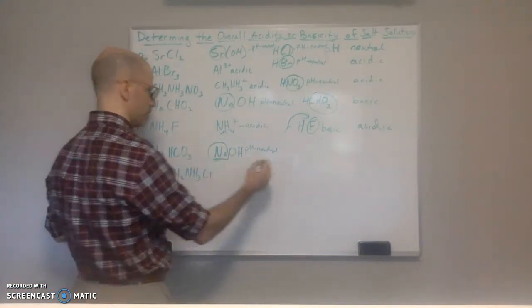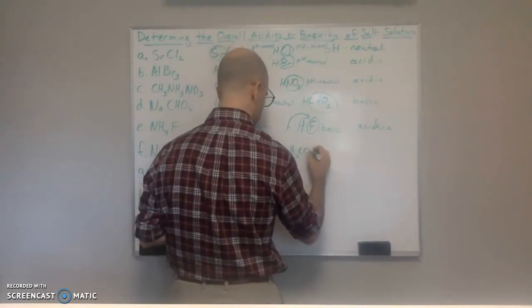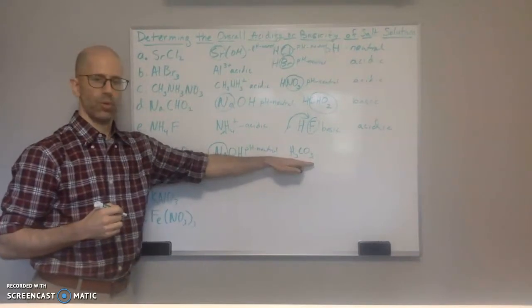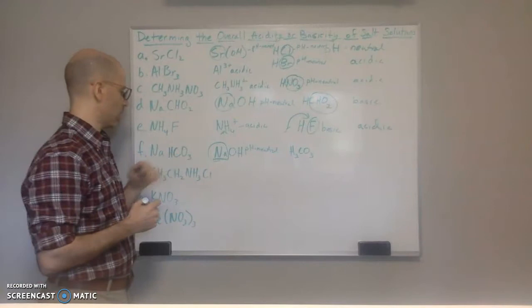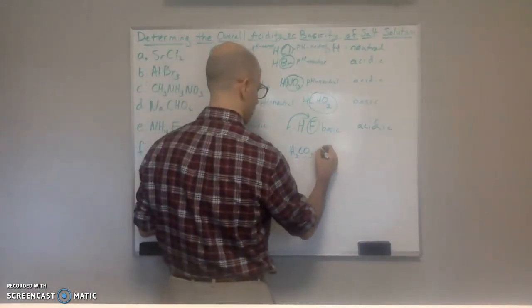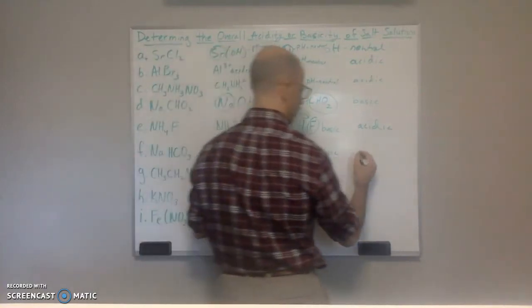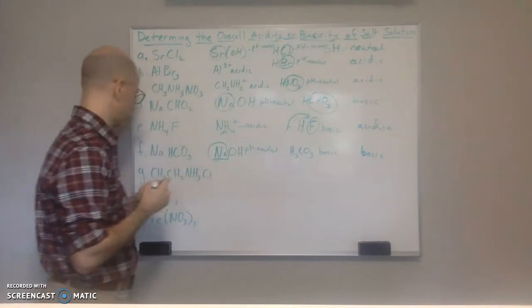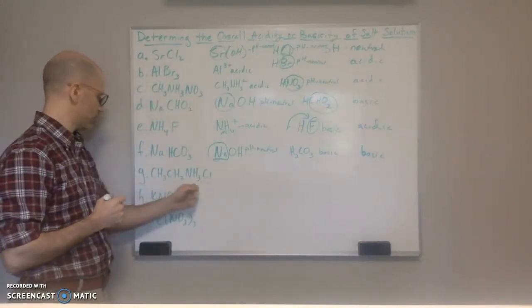This here comes from carbonic acid, H2CO3. Carbonic acid is a weak acid, so that means that the anion is going to be basic. So we got pH neutral and basic, so this salt will form a basic solution. What about G?